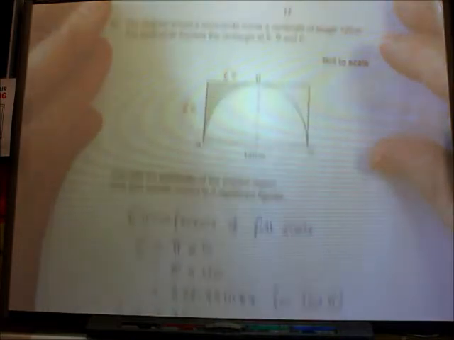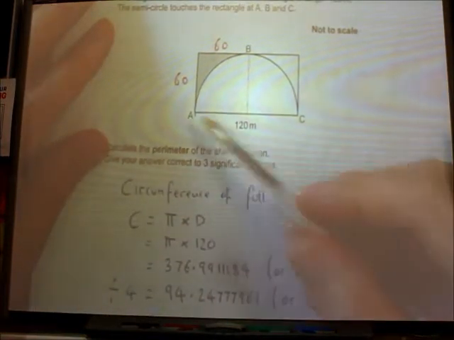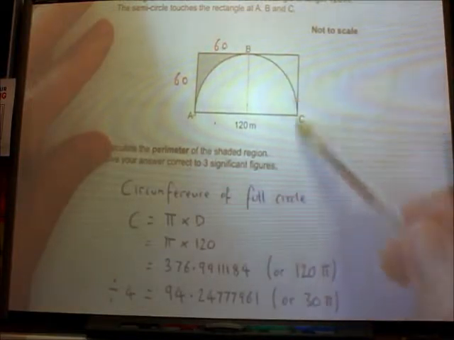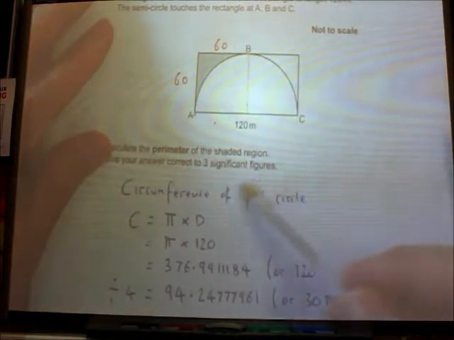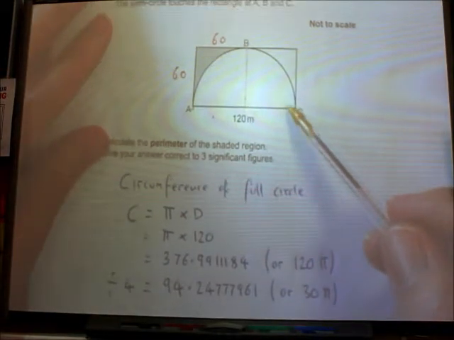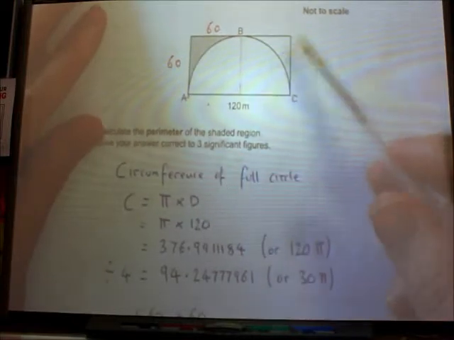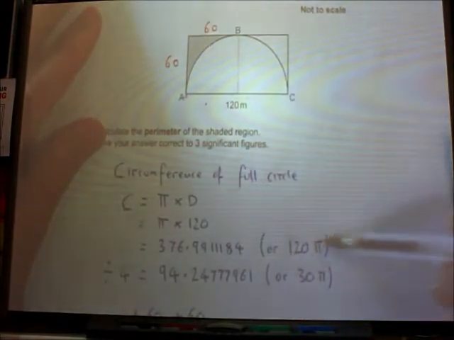I'll try and explain what I've done. So first of all, the circumference of a full circle. Let's pretend this is a full circle all the way around. The circumference of a circle is pi times the diameter. So in this case, it is pi multiplied by 120. You see my workings here, which is 376.99 and so on, or it might say 120 pi.